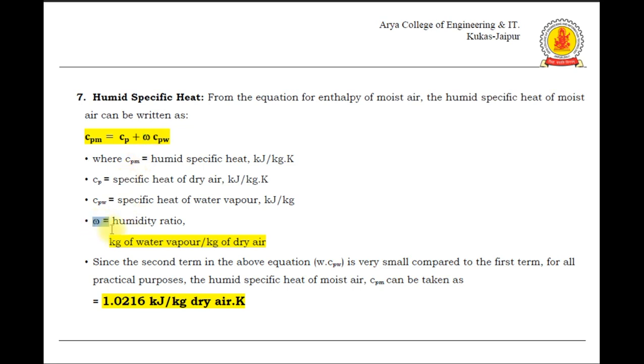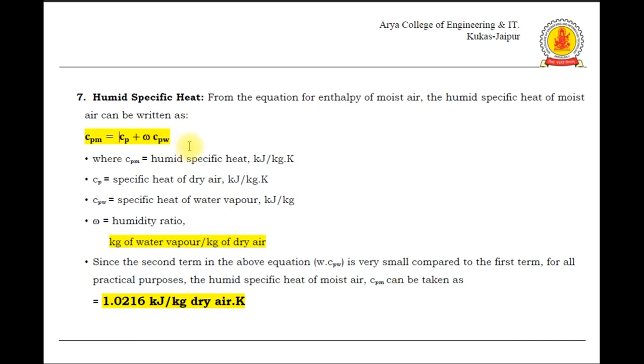W is humidity ratio. It is kilogram of water vapor per kilogram of dry air. So we have taken mass of dry air as 1. Okay, so Cp humid is equal to Cpa plus omega Cpw.